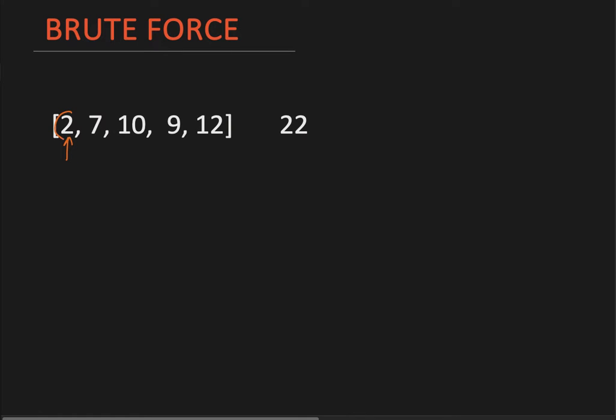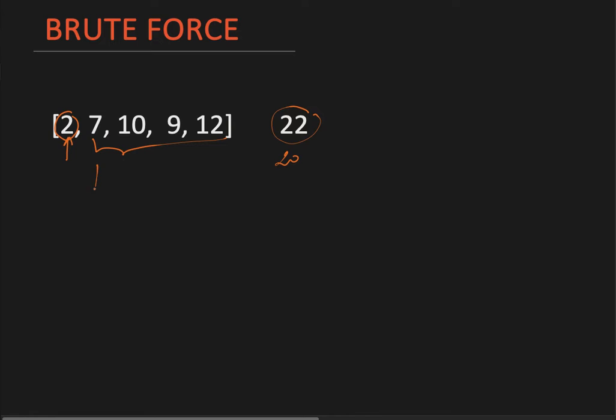It's 2. Then I'm going to look at the target number and subtract 2, so 18. Now I need to find 18 in this sub-array. Is there any 18 in this sub-array? 7 is not equal to 18, 10 is not equal to 18, 9 is not equal to 18, 12 is not equal to 18.